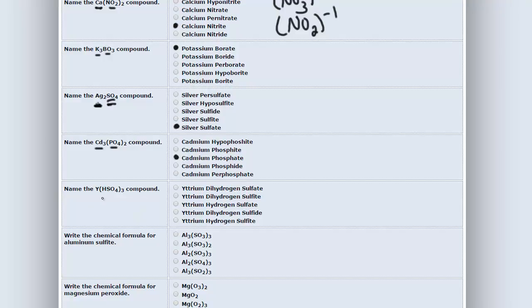Name this compound. Yttrium is Y and HSO4. Now SO4, remember by itself, SO4 is called sulfate. Now if I have a hydrogen, remember hydrogen is a +1. So if I combine those, I have a +1 and then I have a -2. A +1 and a -2 is a -1 charge.